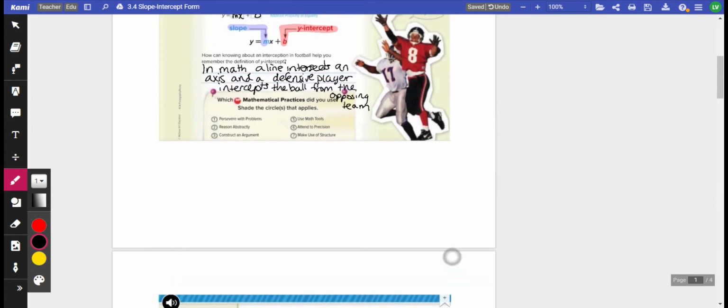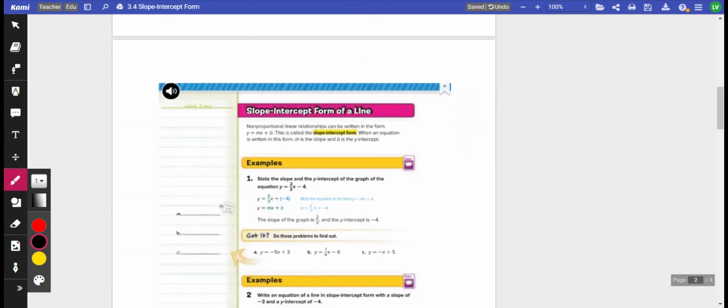Let's continue. Slope-intercept form of a line. Non-proportional linear relationships can be written in the form y equals mx plus b. This is called the slope-intercept form.